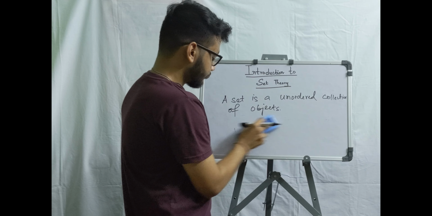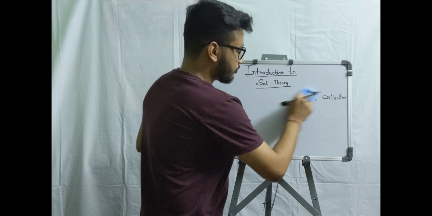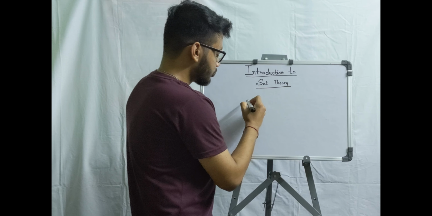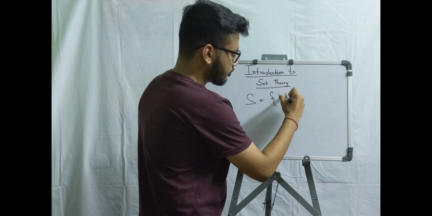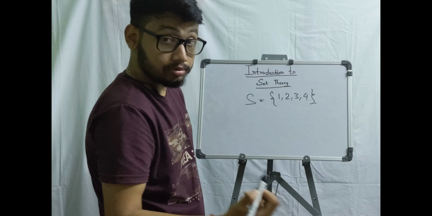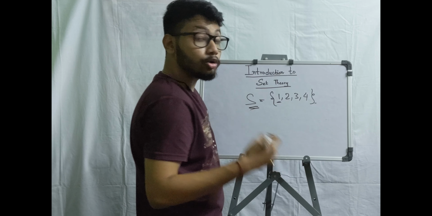Now let me explain one more thing regarding this set. If I write S equals 1, 2, 3 and 4, and I want to denote that 1 belongs to set S, how do I write it?